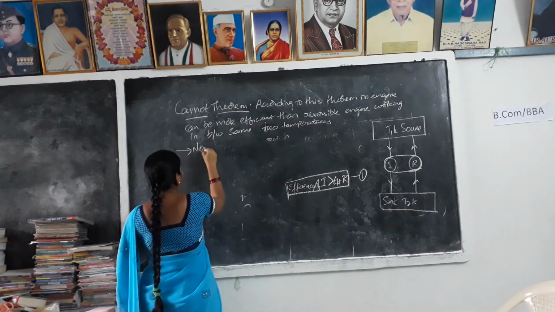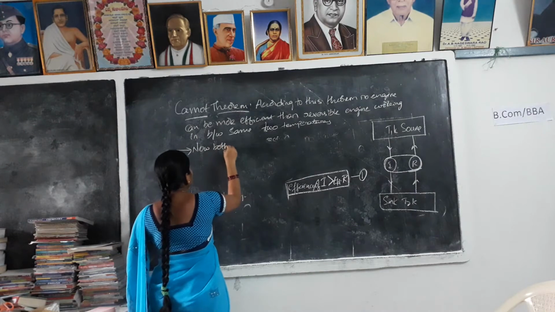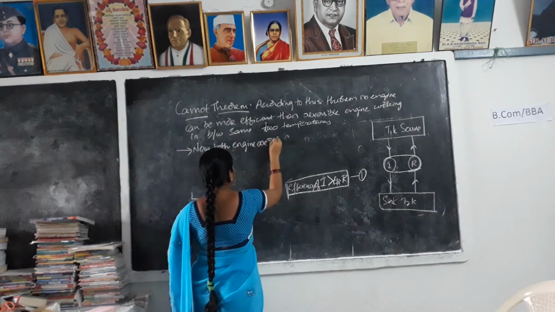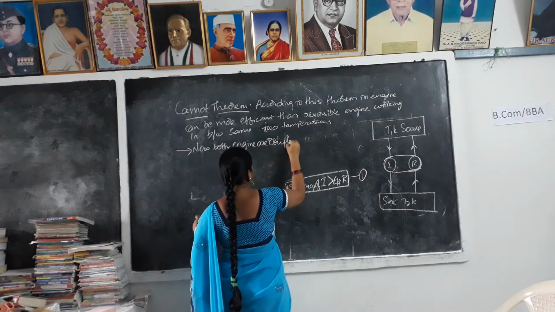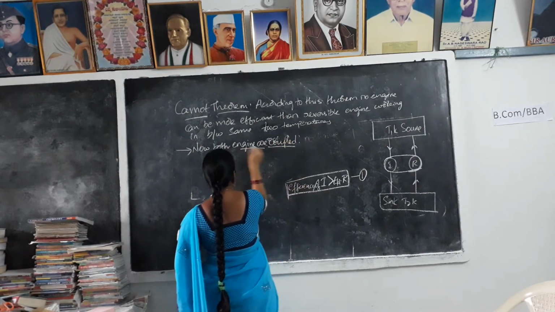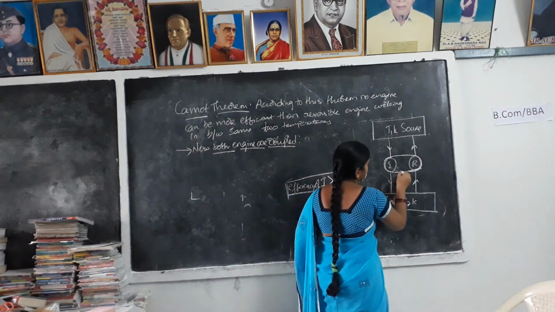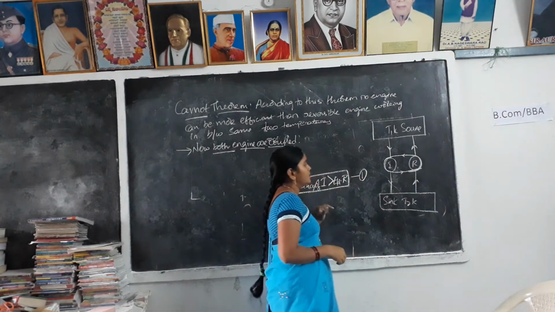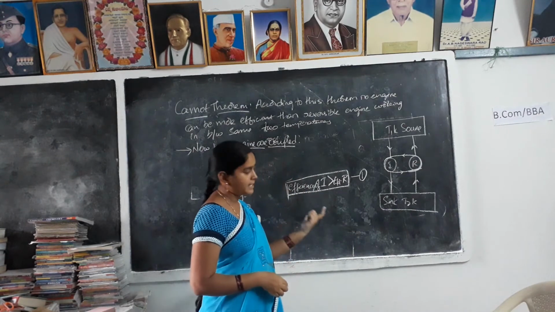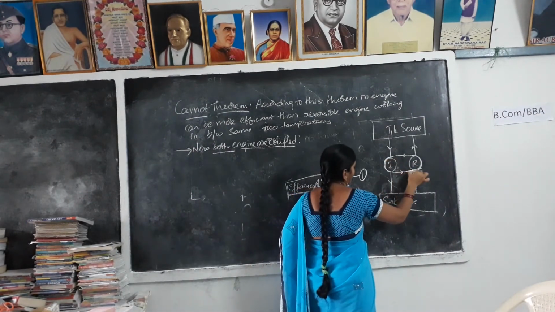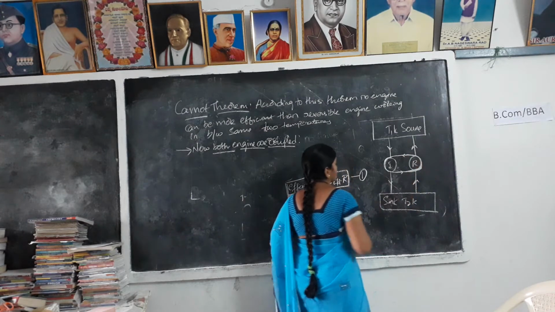Now both engines are coupled, right? So when we couple these two engines together, I is in direct motion, then R is in reverse direction.